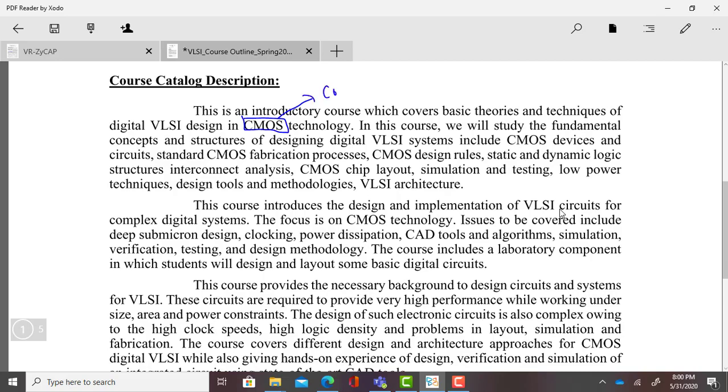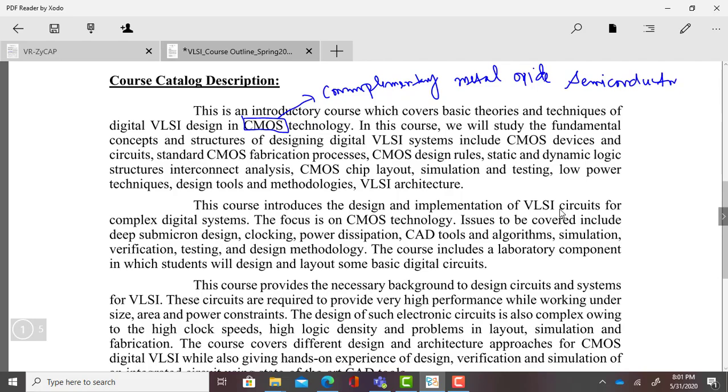This is complementary metal oxide semiconductor.